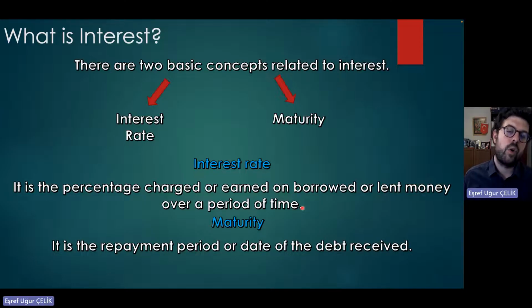When we open a deposit account in a bank, firstly we look at the interest rate and then we look at the maturity. Maybe this preference is different for you. Maybe you firstly look at the maturity part, then the interest rate part. It's up to you. It doesn't matter.